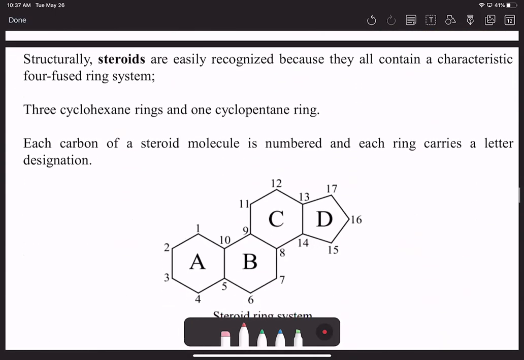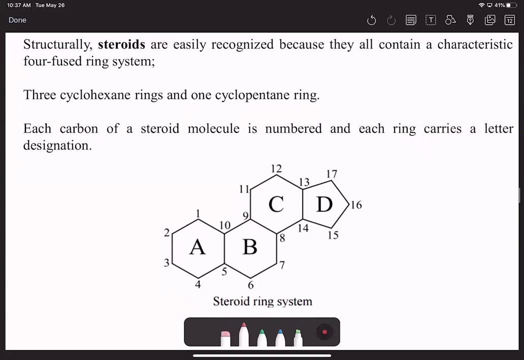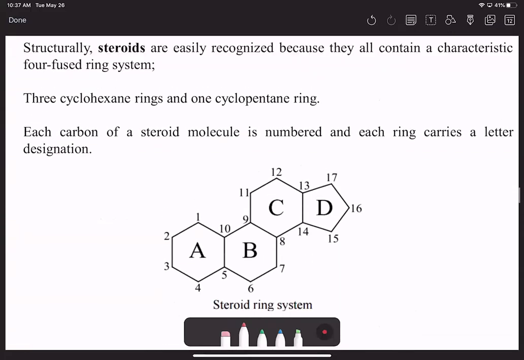And that brings us to steroids. So we're almost done with the lecture here. Steroids are going to be our only non-fatty acid lipid that we're going to talk about. So they contain a fused ring system. Right?